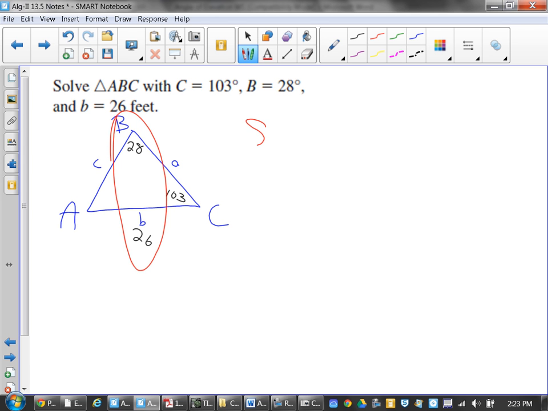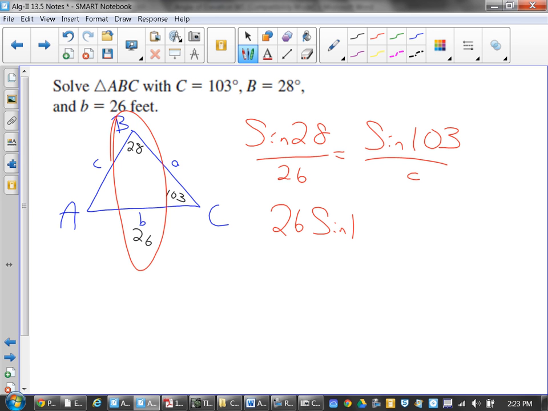Sine of 28 is to 26, as the sine of 103 is to C. This is nothing more than equal fractions. What do you do? Cross multiply. So you get 26 times the sine of 103 is C times the sine of 28.